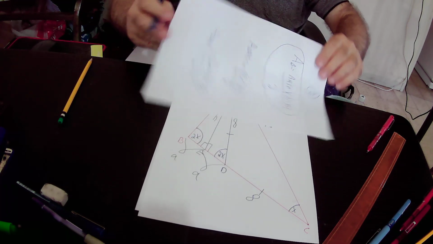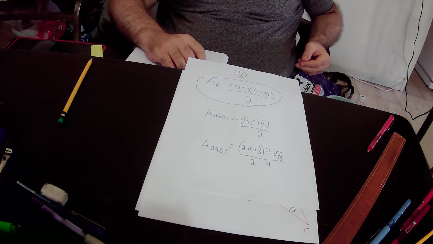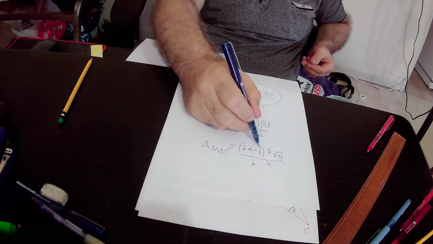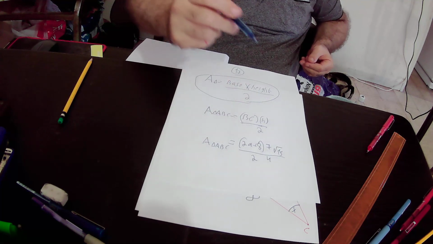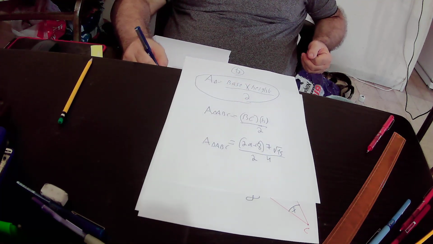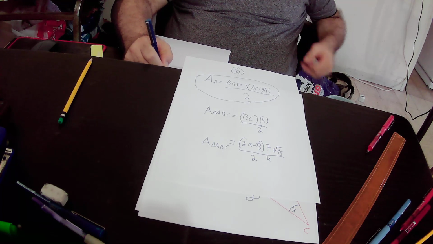Okay, so we found out that the area of triangle ABC equals 2 times A plus 8, times 7 times root 15 over 4.